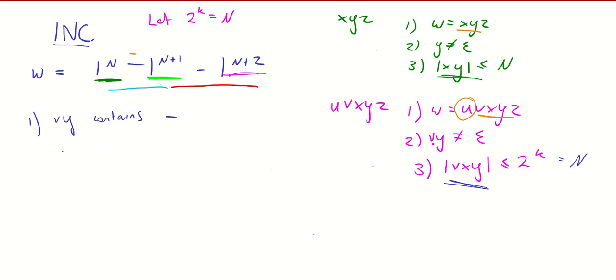So you could talk about how your second case is where VY contains one or more ones from the first number. And then you could talk about how maybe if we were to pump upwards, then we would end up creating a number bigger than our second number, and thus violate the rules of increasing.